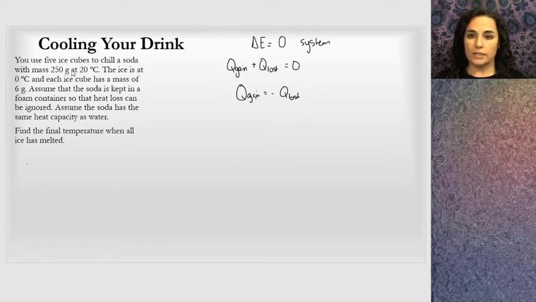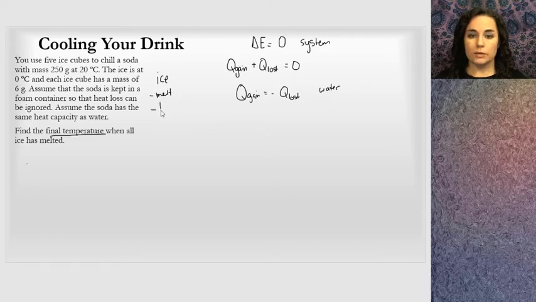Okay, and in this situation, the water is losing heat, right? Over on this side, this will be the water. And over on the other side, the ice is gaining heat. The ice will melt. And then also there's going to be a final temperature. So when I think about this ice, the ice will first melt.